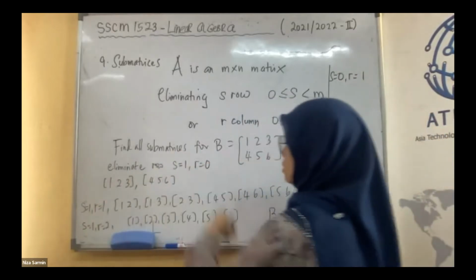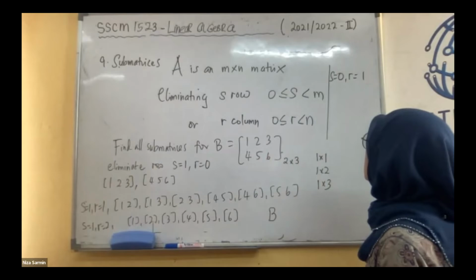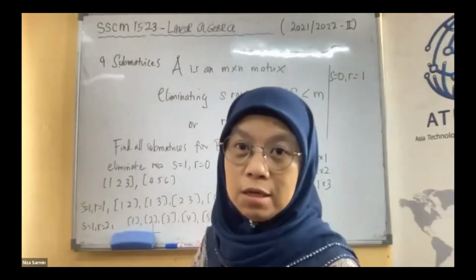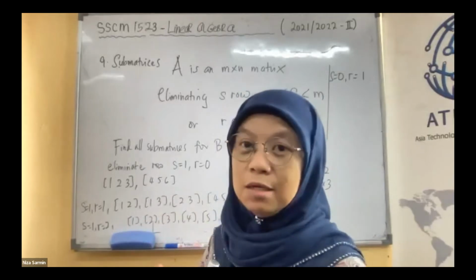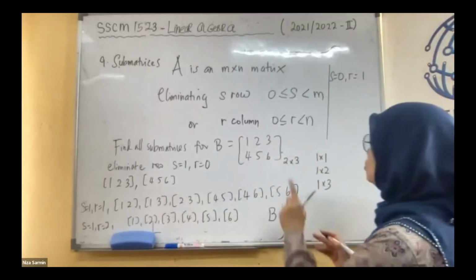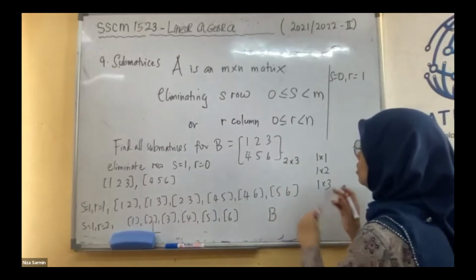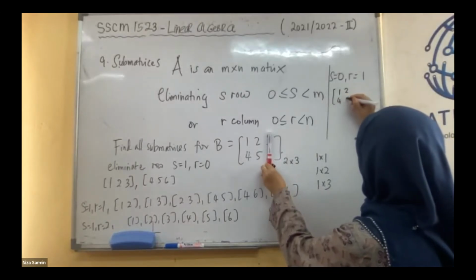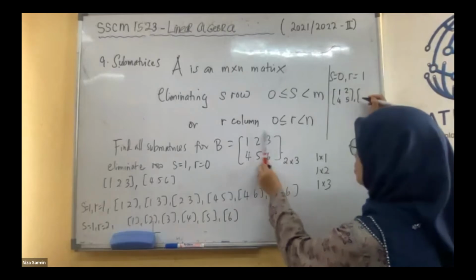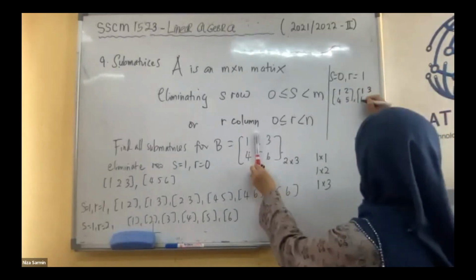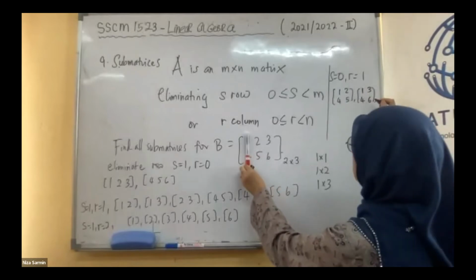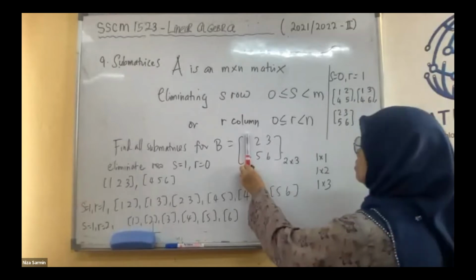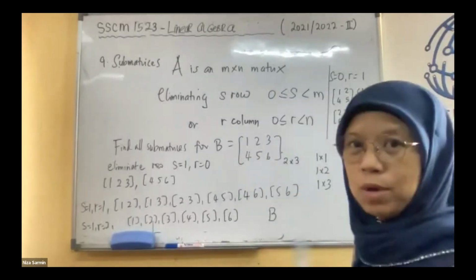So what if S is 0, R is 1? Don't eliminate the row. Just eliminate the column. So I eliminate column 3. That is eliminate 1 column.